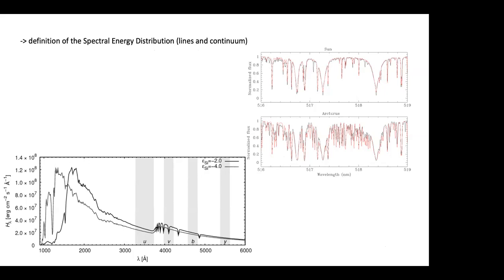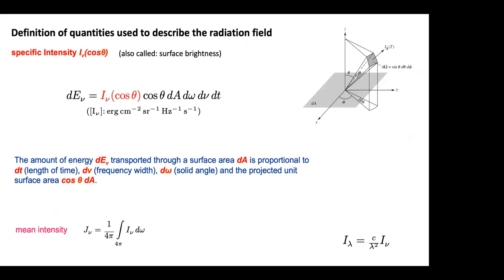Now we start, and starting, I need to define a series of quantities, because there are a lot of quantities that will be the basis of our work. There are some quantities that you probably already know, but it's good to repeat, because we need to have very clear ideas about what these are.